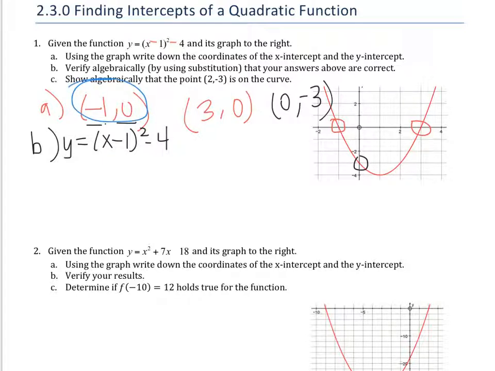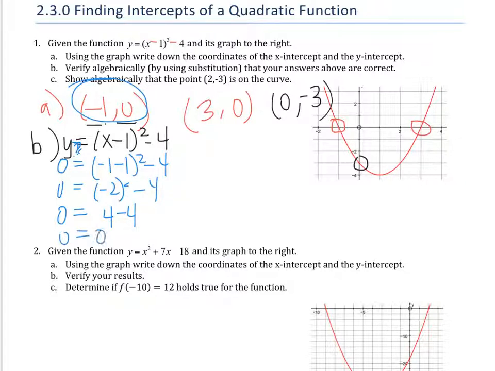So for y, I put in 0, and I'm just checking to make sure, does that equal (-1 minus 1) squared minus 4? So 0 equals, this is (-2) squared minus 4. Does 0 equal 4 minus 4? And yes, it does. 0 equals 0. We're happy.